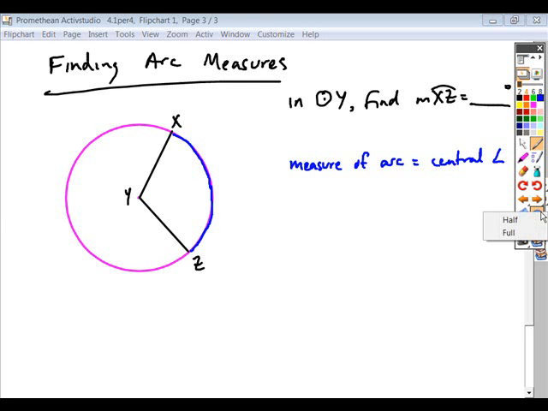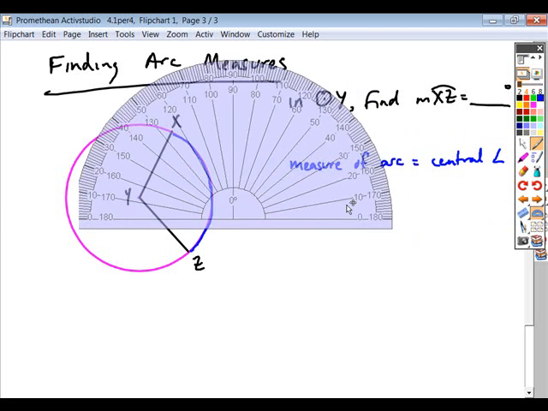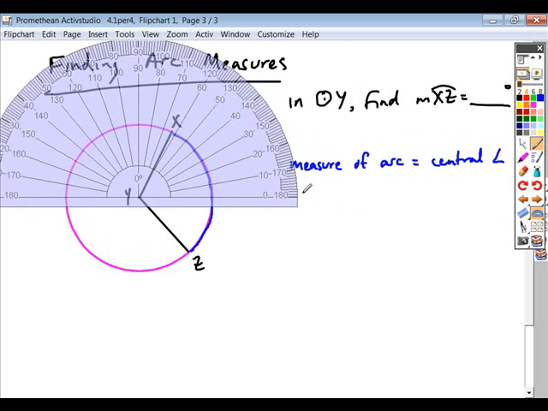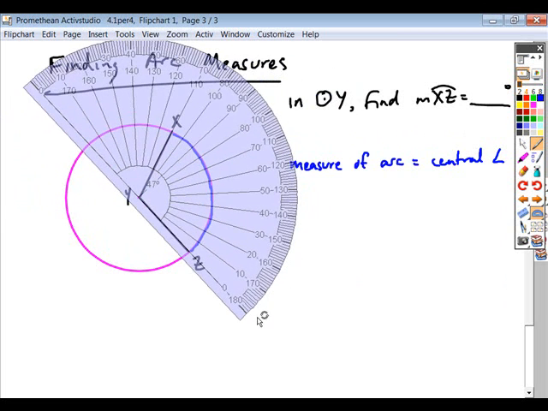So using measuring tools, you may have to, and this is especially true for the construction worksheets, if you wanted to find an arc measure, can you tell based on this image here what is the arc measure of XZ? So it looks like it passes through right here.